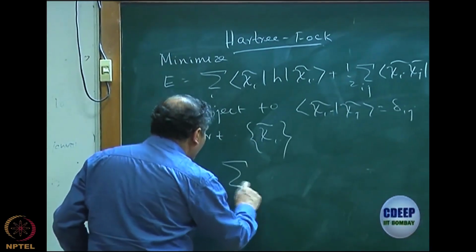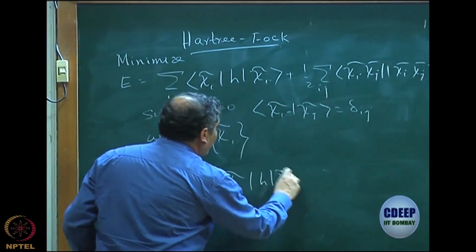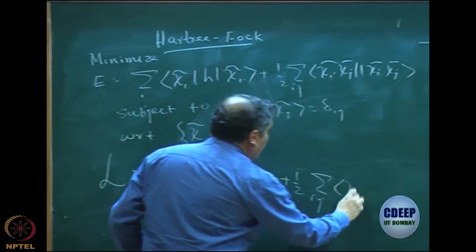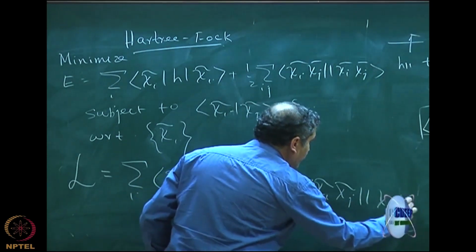So my Lagrangian then becomes sum over I chi I tilde h chi I tilde plus half of Ij. I'm going to come back in the next class and expand this, anti-symmetrize. Eventually I have to expand this, of course.